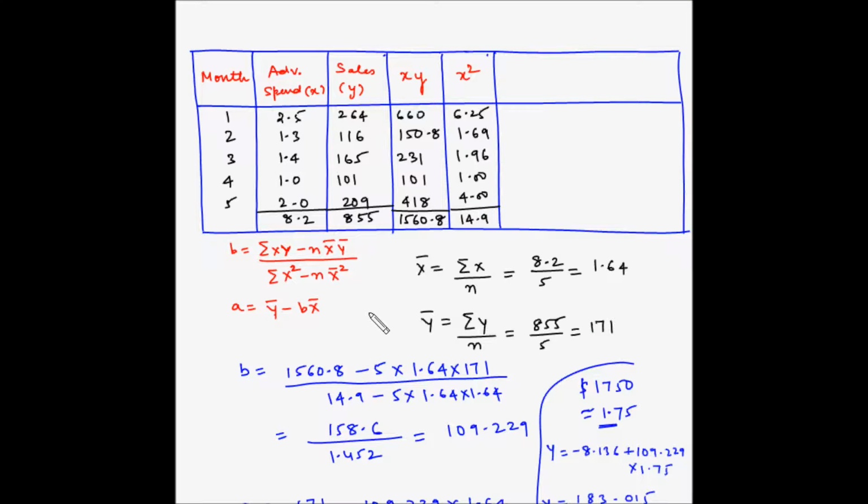Now let's perform some test for the accuracy of this forecast. So there are three measures of forecast accuracy. The first one is known as the correlation coefficient.